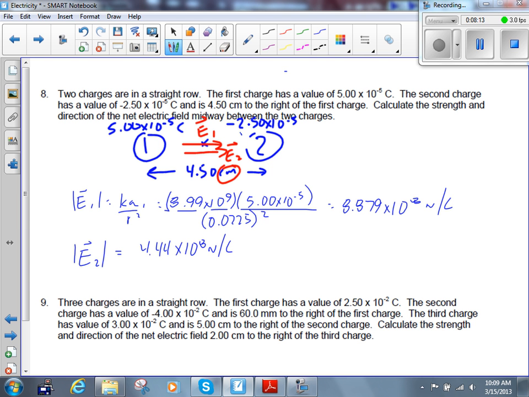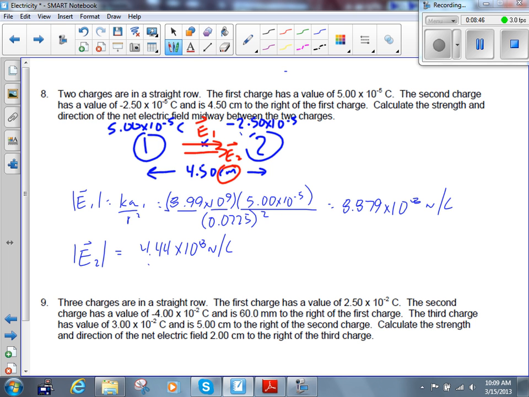We would look at the first one and say, oh, that's positive 8.8. The second one is negative 4.4. We add up a negative value and end up getting the wrong answer. For us, negative means direction. The sign of the charge we don't plug into the equation. Make all the charges positive, get positive fields, and then worry about whether they should be right or left, therefore positive or negative.